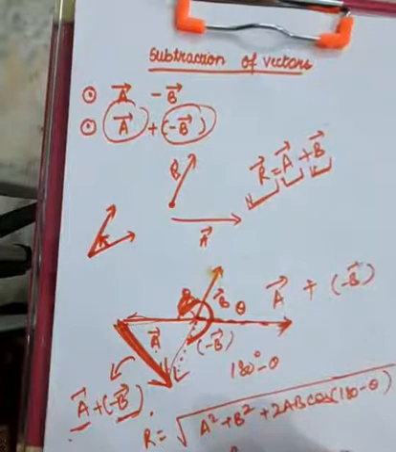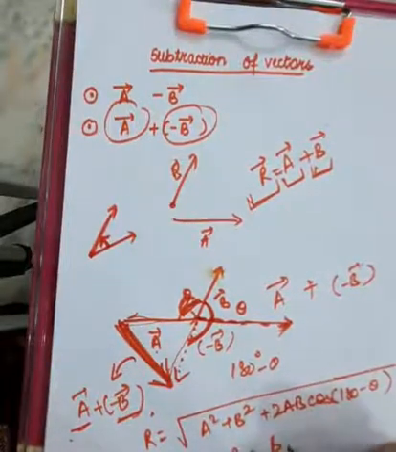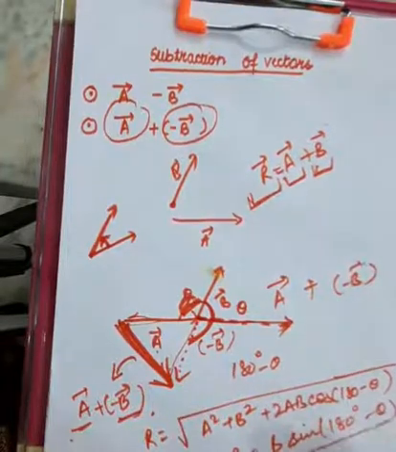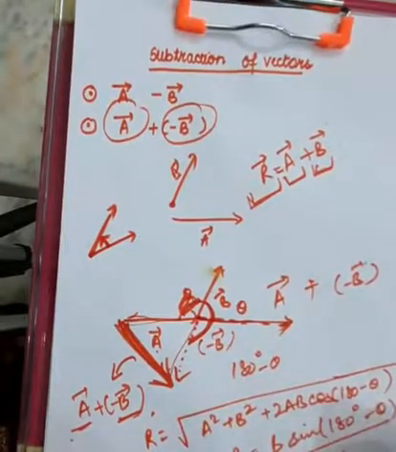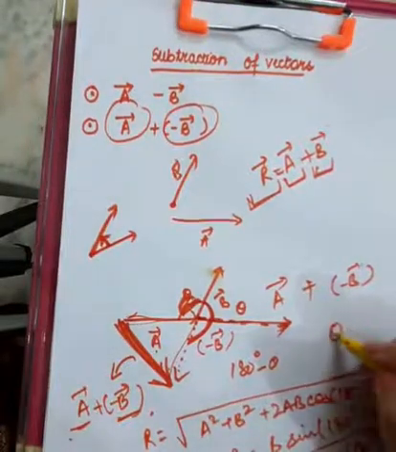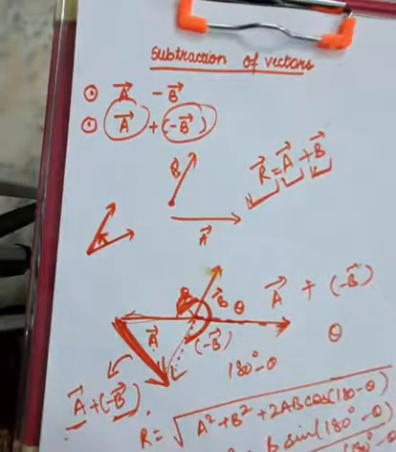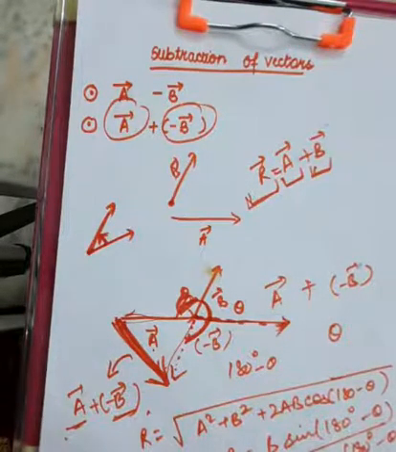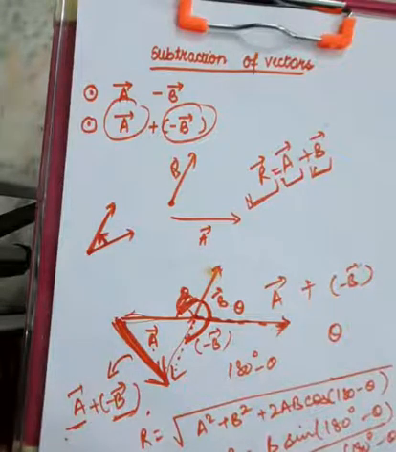Similarly, tan beta equals B sine of 180 degree minus theta divided by A plus B cos of 180 degree minus theta, which means wherever earlier we used the angle theta, now you have to use 180 minus theta, because in that situation theta was the angle made between those two vectors whose resultant you were finding.